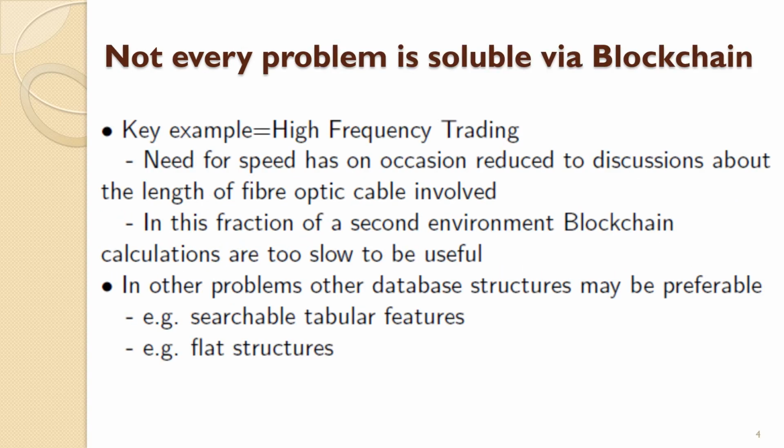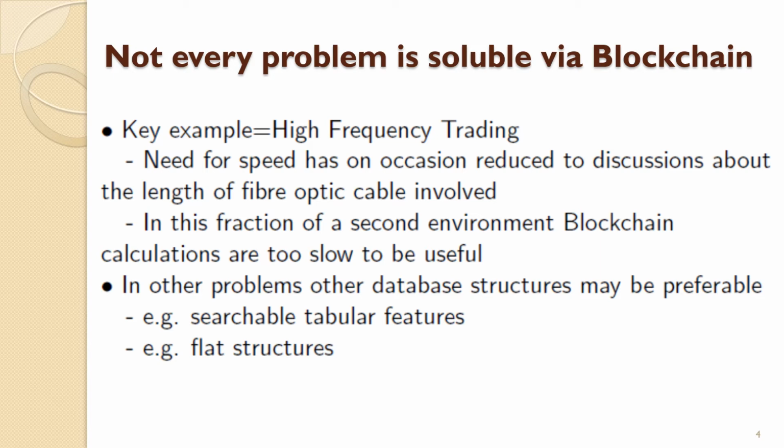So blockchain always involves a trade-off between consensus and speed, and it should be obvious, hopefully, that if speed is the most important thing, then not every problem is solvable via blockchain. A key example of this would be high frequency trading. This has been important since the days when high frequency trading meant relying on carrier pigeon for news of the outcome of the Battle of Trafalgar.